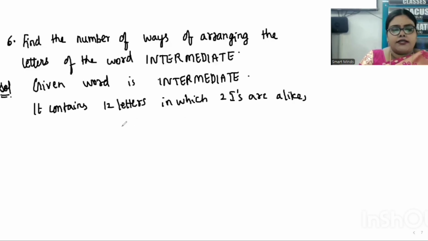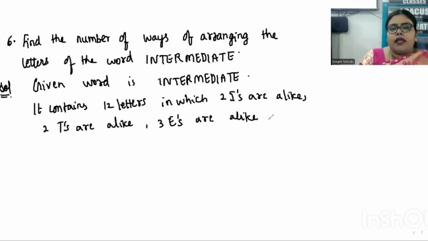Then tell me which letters are repeating. 2 T's are alike and 3 E's are alike, and the rest are all different.